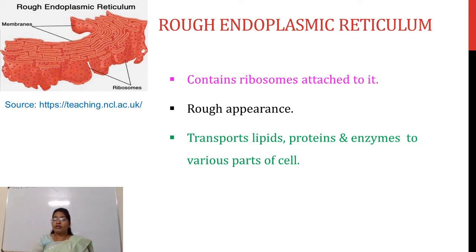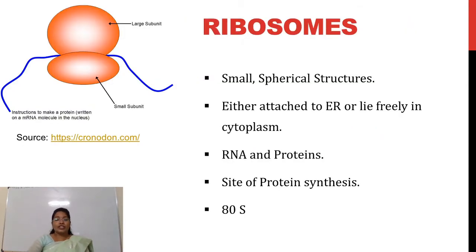Its function is to transport lipids, proteins and enzymes to various parts of the cell. So the function of smooth endoplasmic reticulum is to synthesize lipids, and the function of rough endoplasmic reticulum is to transport lipids, proteins and enzymes.